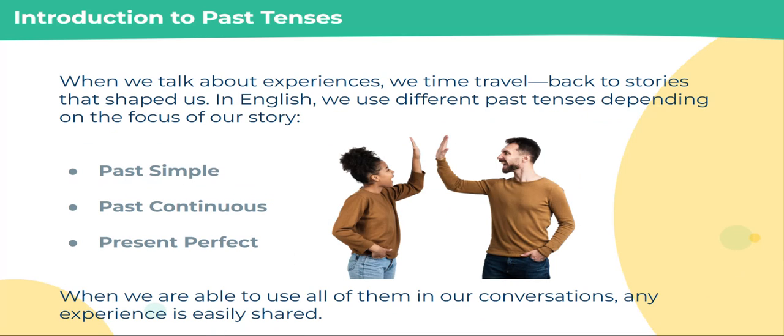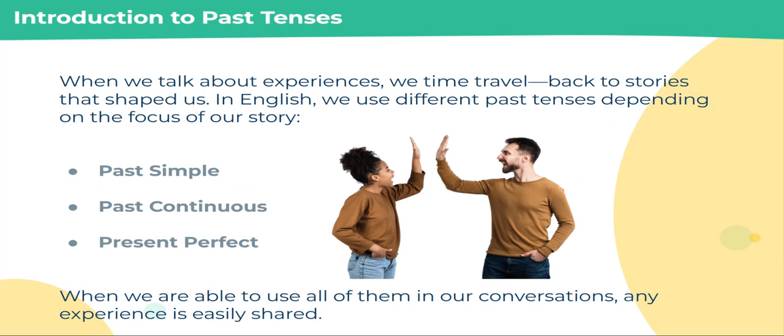When we talk about past experiences, we time travel back to stories that shaped us. In English, we use different past tenses depending on the focus of the story. The first tense we use is the past simple. Remember, the past simple is the -ed, or the irregular verb, and the subject.